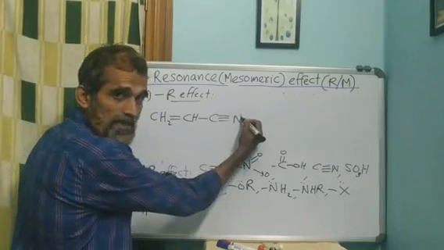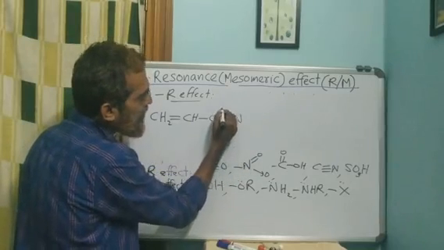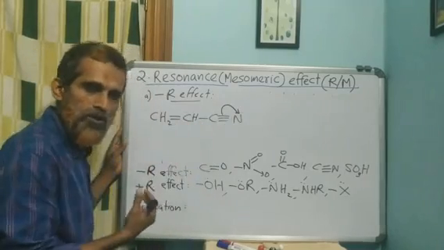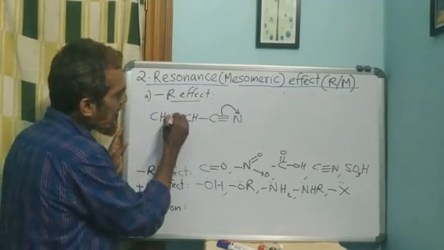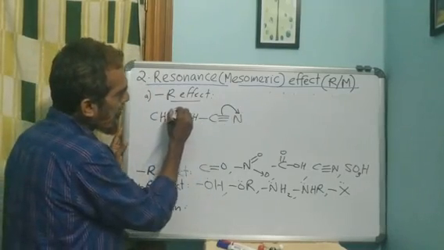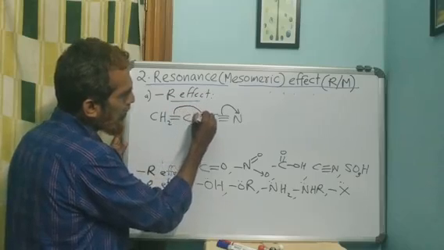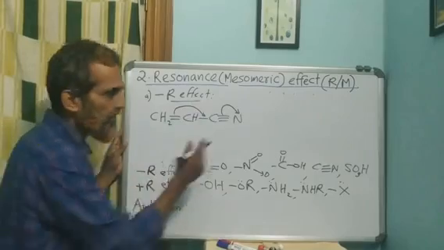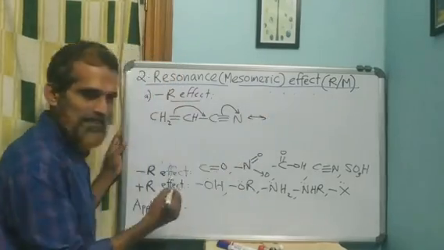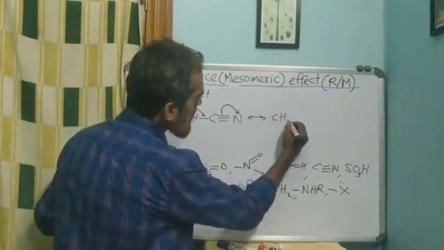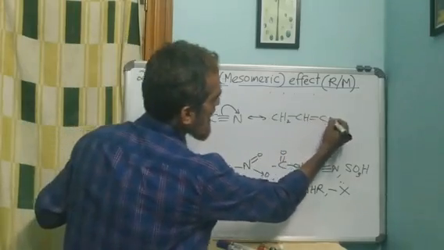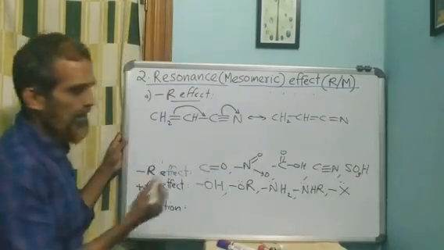Nitrogen is more electronegative, so naturally this pi bond will be attracted towards nitrogen. Carbon develops a positive polarity, so that will be pulling this pi bond towards this place. So pi electrons move. We get the next resonance structure, CH2 single bond CH double bond C double bond N, and what more?